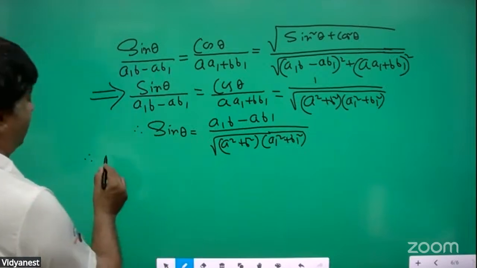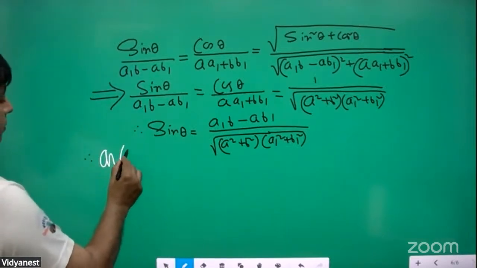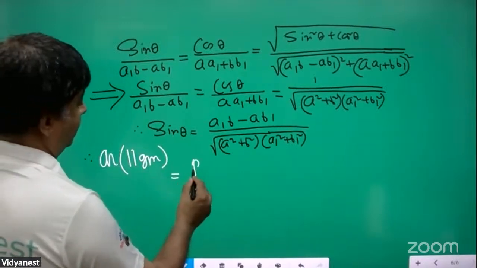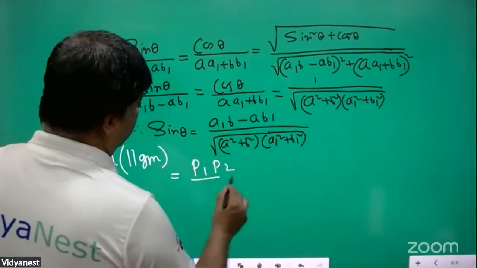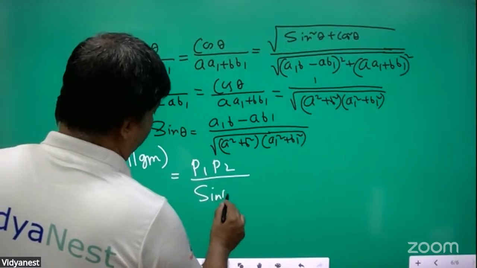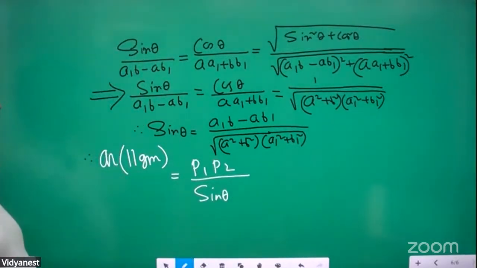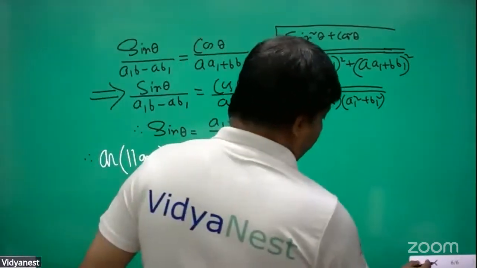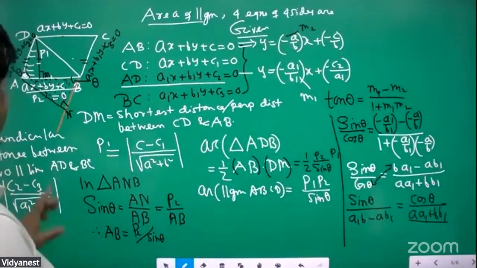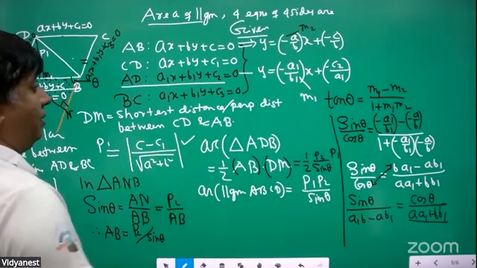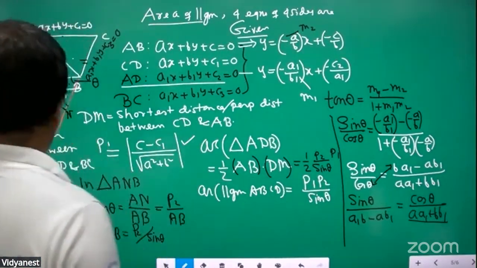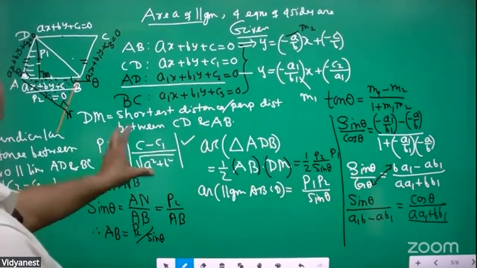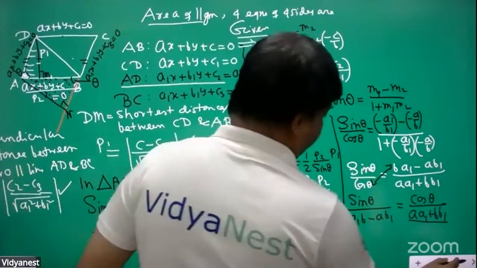Therefore, area of the parallelogram is P1 P2 by sin theta. Okay, this is the derived part which we had got a few minutes back. What is P1? This thing is P1. Where is P2? This thing is P2. You plug them and put there.